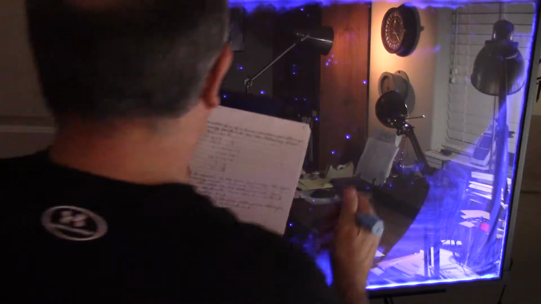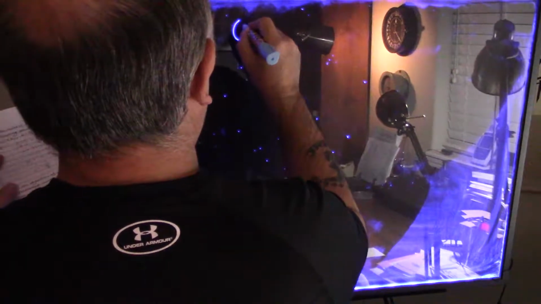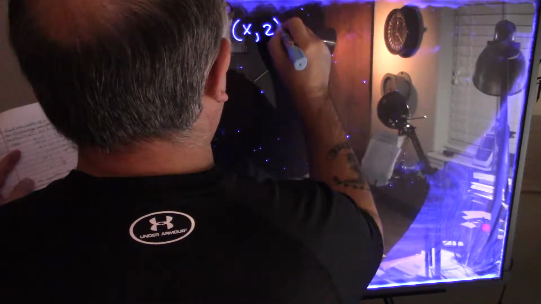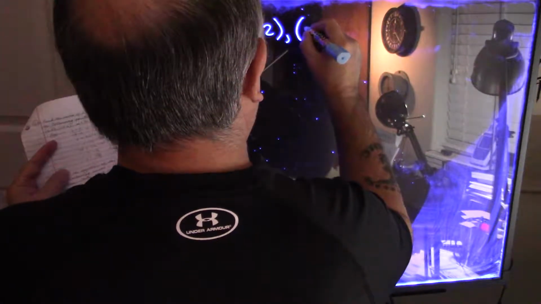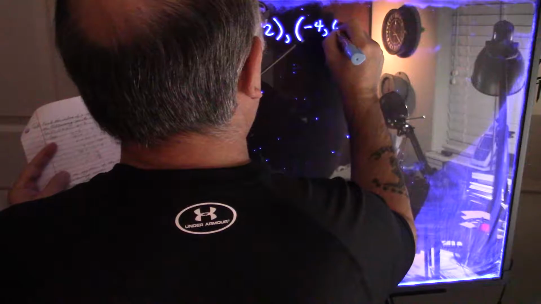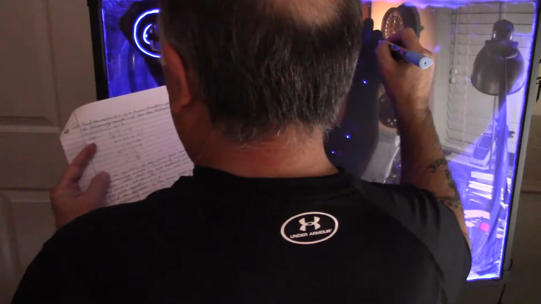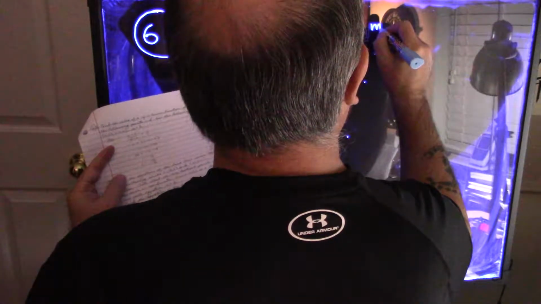Okay, number 63. Find the value of x if a linear function goes through the following points and has the following slope. We've got the points, let me write these down. x, 2 and -4, 6, and the slope m equals 3.